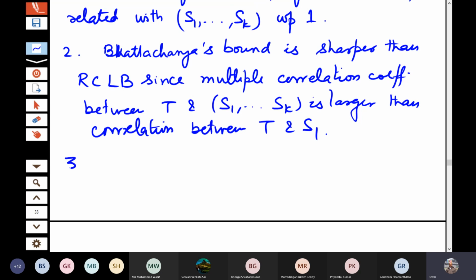This also means that if you have more number of terms, then the multiple correlation coefficient increases. So if you increase k, then the Bhattacharya's bound gets sharper and sharper.